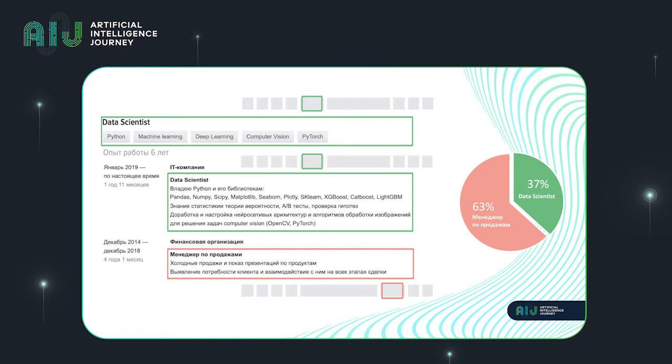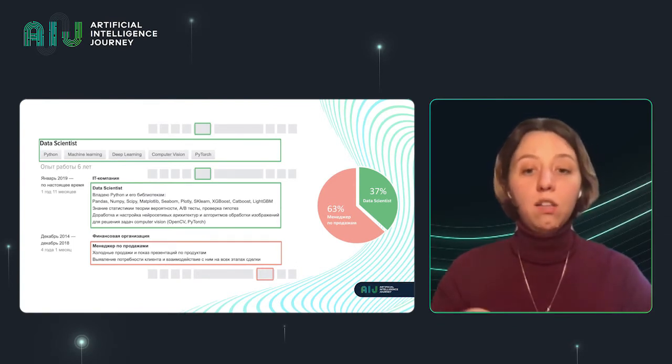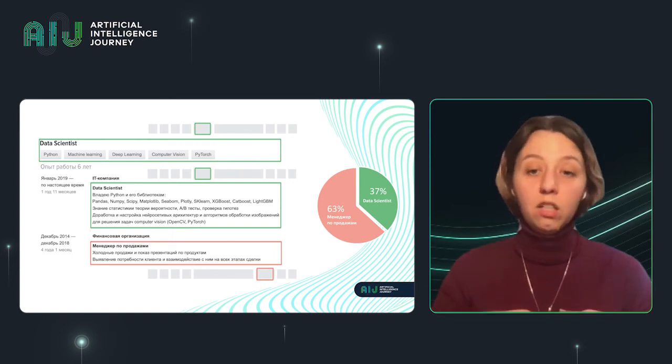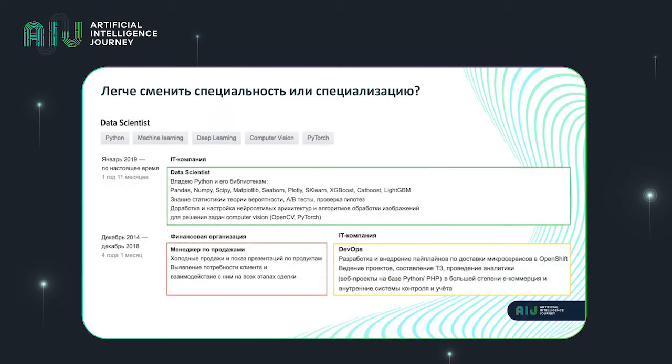After that, we aggregate the vector representations, considering how many months a person spent on each position. This way, we'll get a vector representation for each vacancy that would say that a person, for instance, has a job experience relevant to a sales manager and only 37% relevant to a data scientist resume.